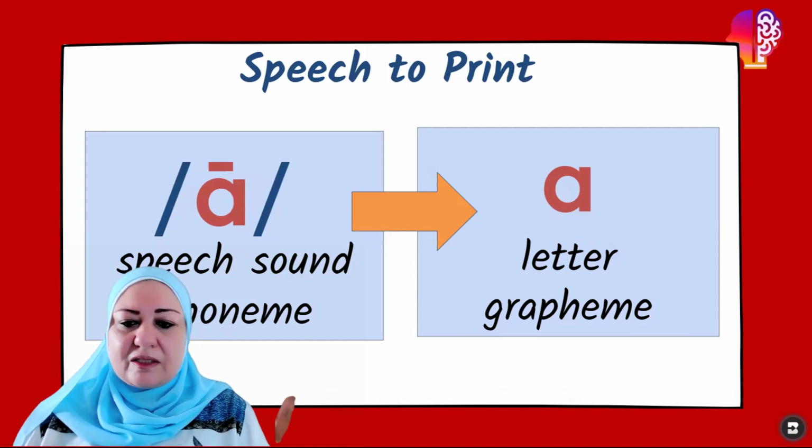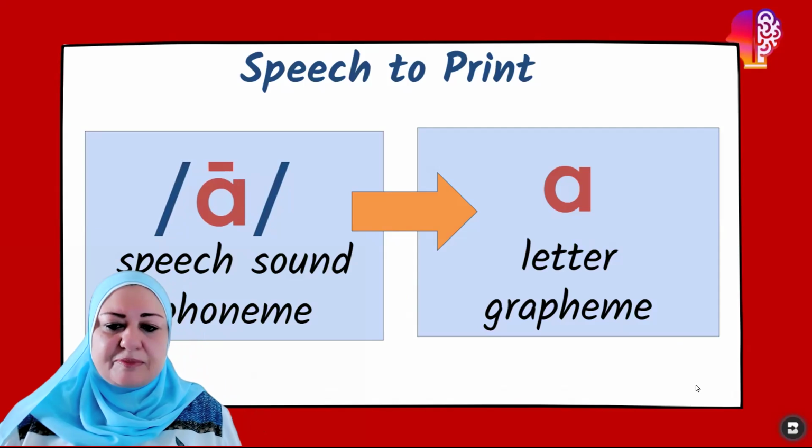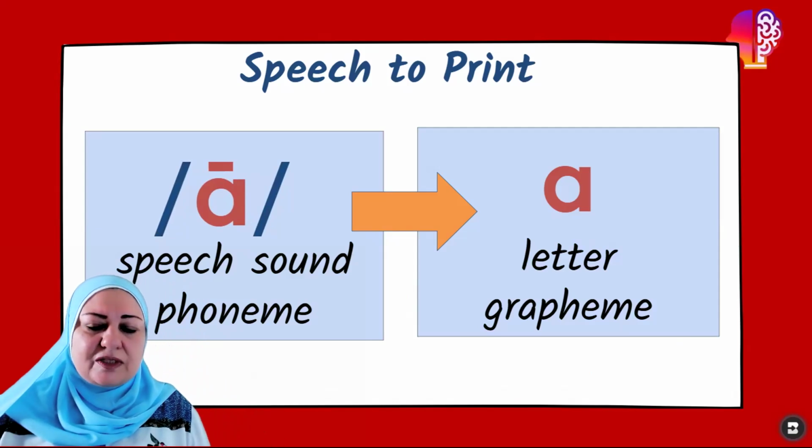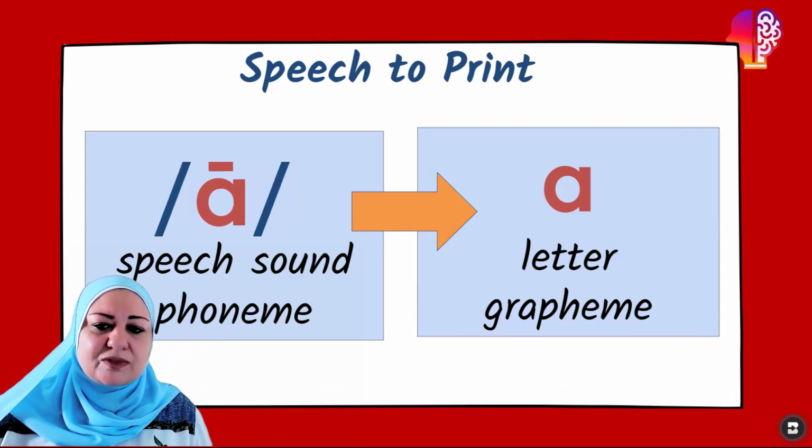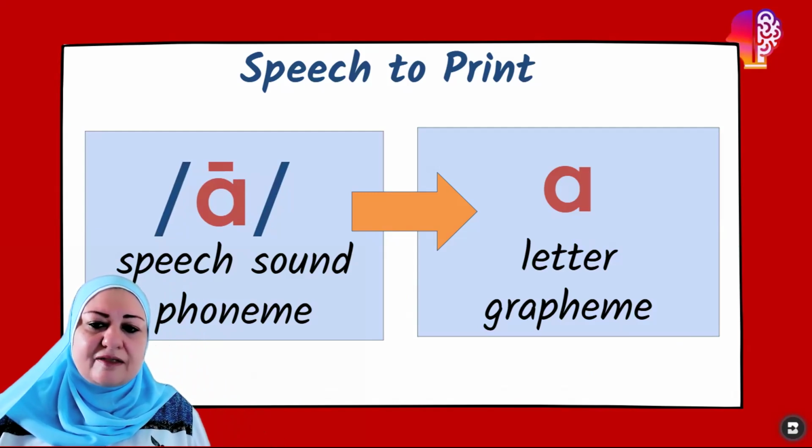So the phoneme, the speech sound, is the sound we're talking about that you see between these two virgules. And the letter that represents that sound is called a grapheme. So in this case, the A represents the long sound of A, which sounds like its name.